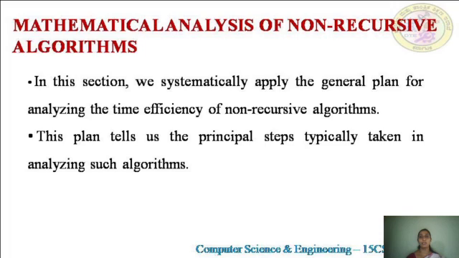Non-recursive algorithms are those which do not call themselves repeatedly. The algorithms which call themselves repeatedly until a certain condition is met are called recursive algorithms.